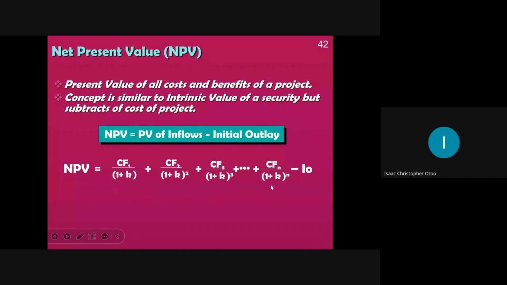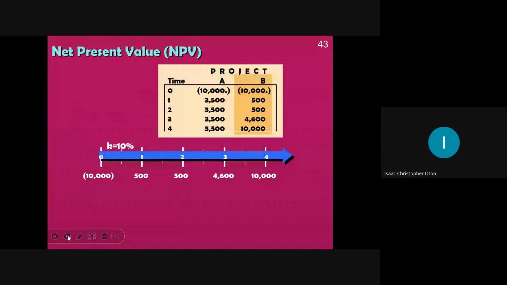That's what we have done. For example, projects A and B all have a cost of 10,000, but expected is what is done. Okay.